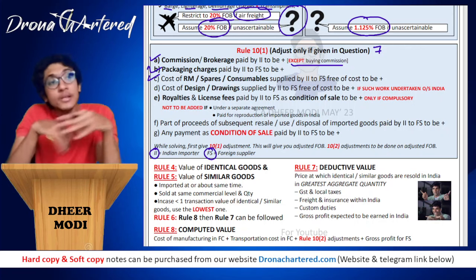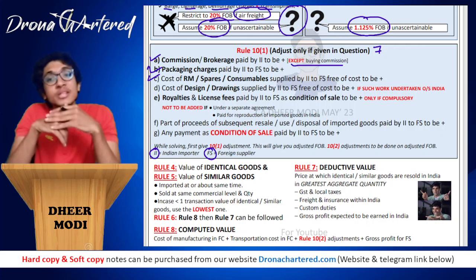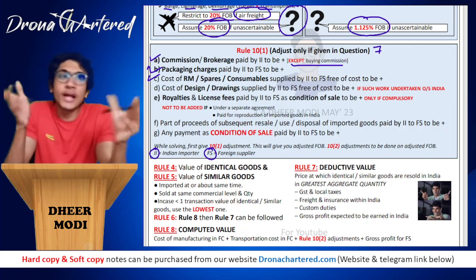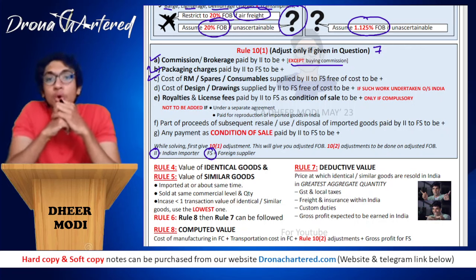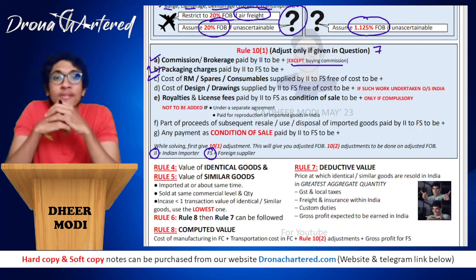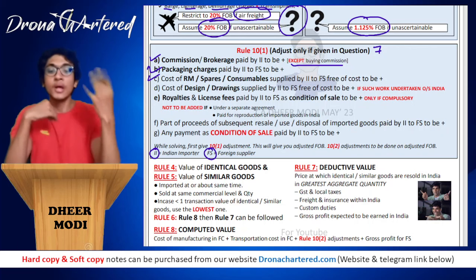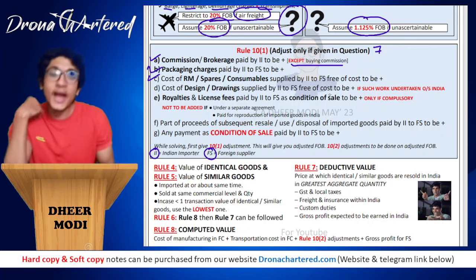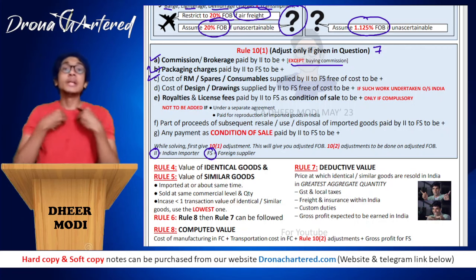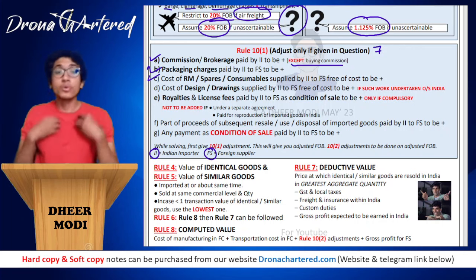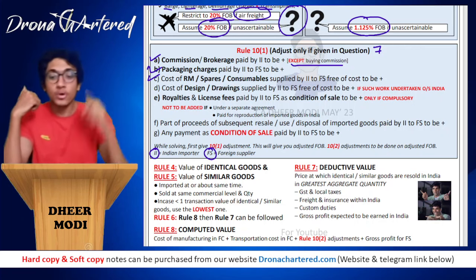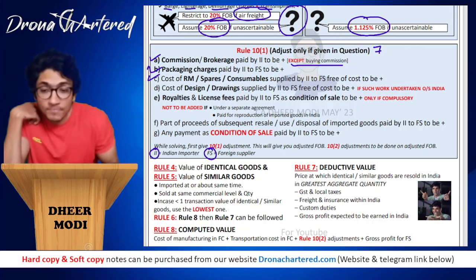I'll give you the steel. You use the steel and give me the machinery. Don't charge me for the steel. I'll give the steel to you free of cost. Now the value that he will charge me will be very less and I will save on custom duty. So therefore this has to be added back. Anything that the Indian importer gives to the foreign supplier free of cost has to be added.